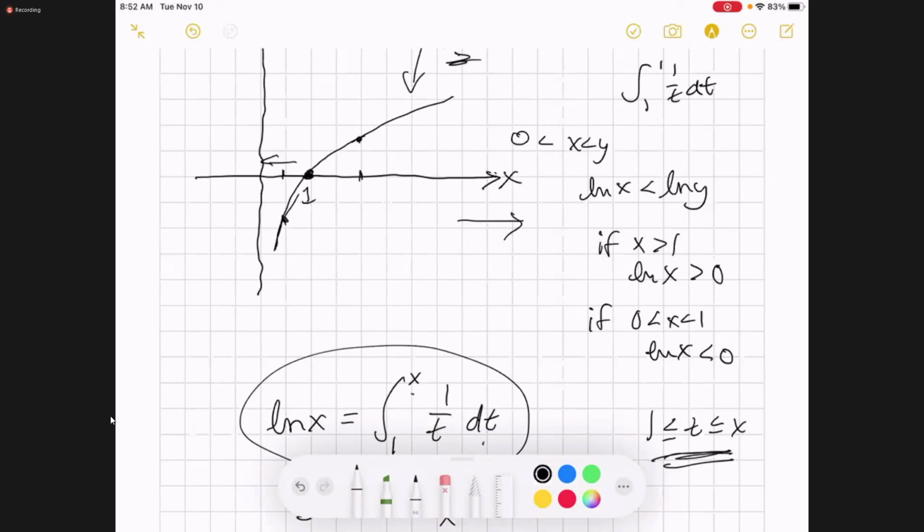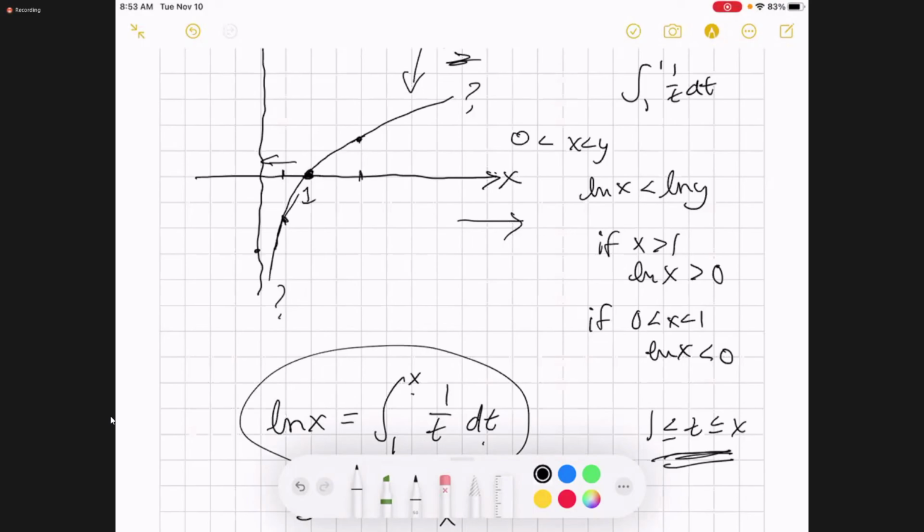Do we have a vertical asymptote, or does this come in towards the y-axis and never get below a certain point? So we want to know that. How can we answer that?